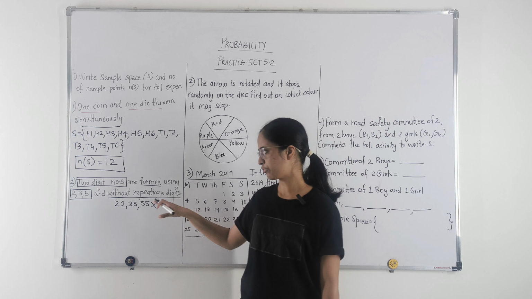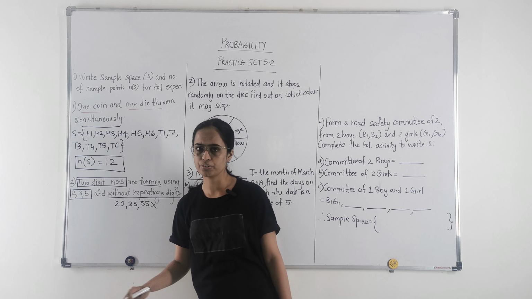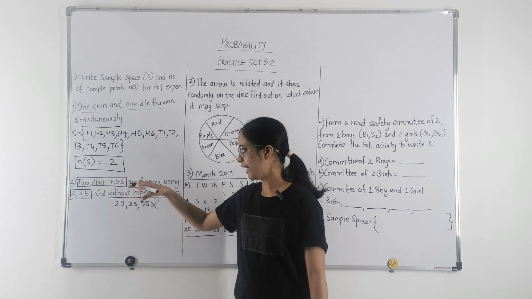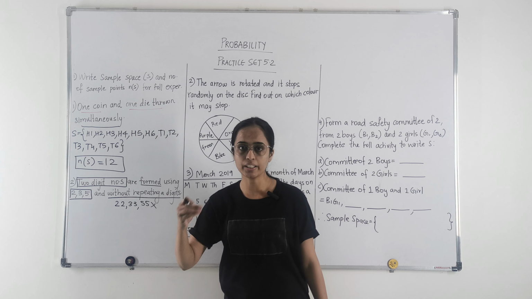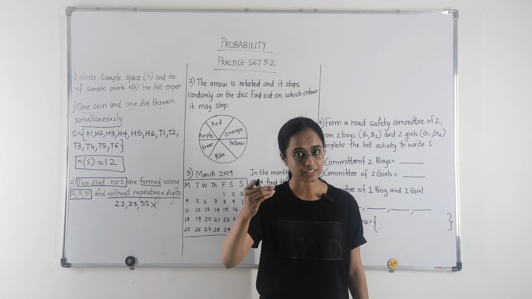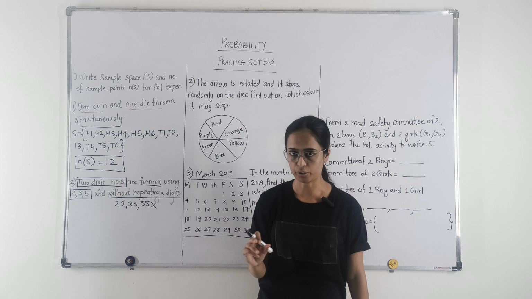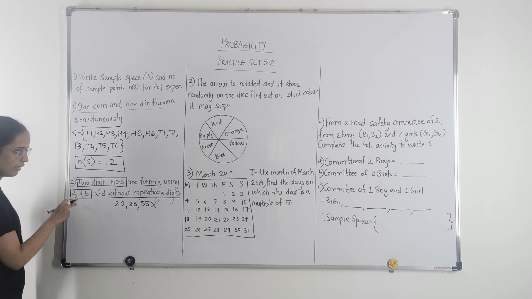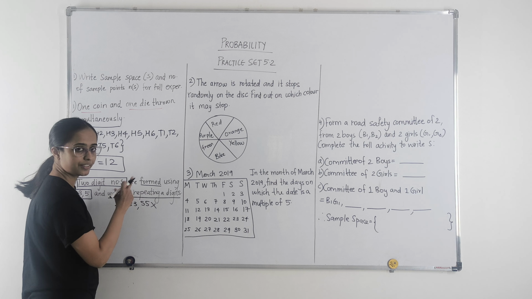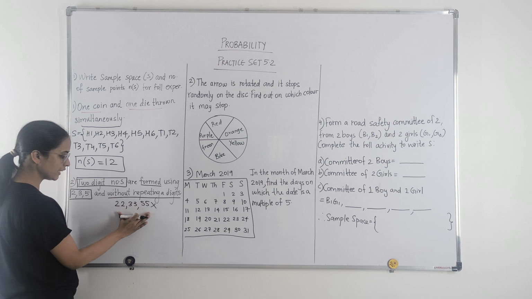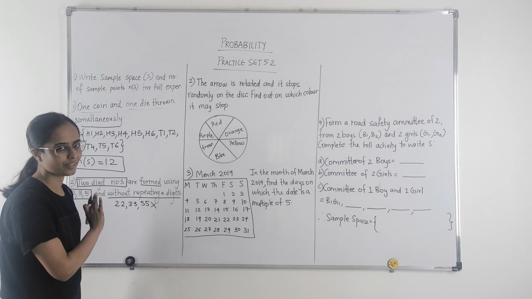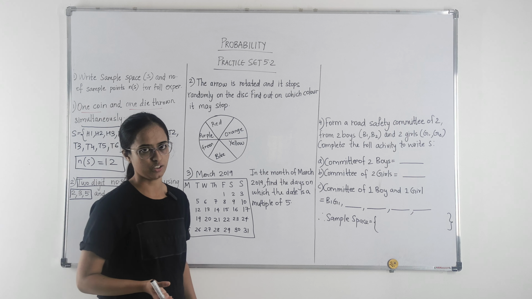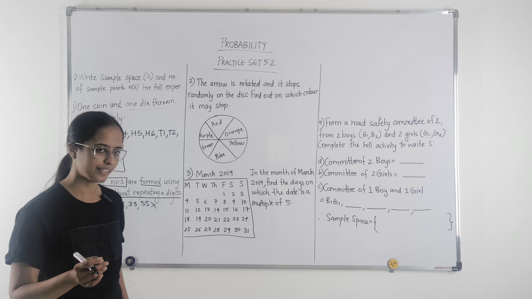Otherwise, if they had given 2-digit numbers formed using 2, 3 and 5, it would be kind of easy to write the outcomes. But an additional condition tests whether you understand the concept of event or not. So here the event is forming 2-digit numbers with the condition that the digits are not repeated, meaning these three possibilities have to be excluded, you don't have to write them at all. You're not supposed to write anything about this in your solution. You're just supposed to directly write the outcomes.